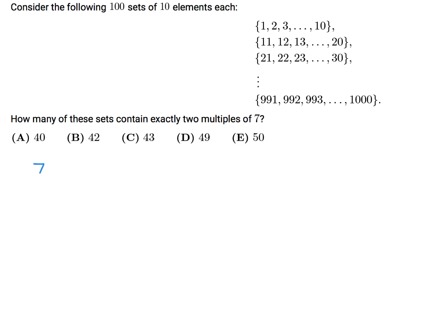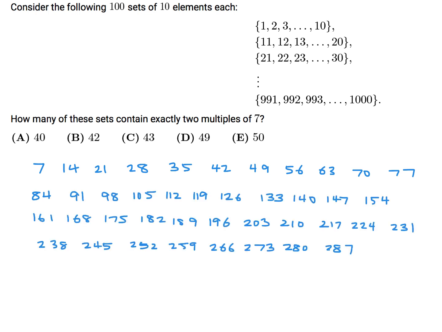First, let's list the multiples of 7: 21, 28, 35, 42, 49, 56, 63, 70, 77, 84. I just want to get some sort of a pattern. Let's see if there is any kind of pattern.